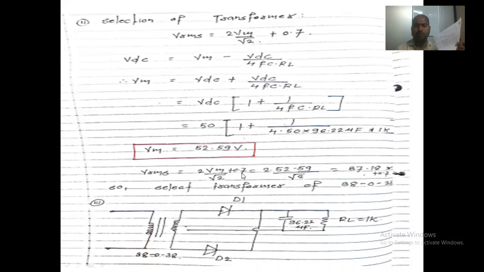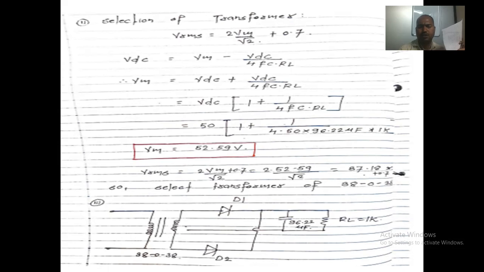74.24. Plus 0.7. 74.94. Okay. You have calculated this divided by root 2? No, no. No, sir. So what you have to do? Twice into Vm is nothing but 105 divided by root 2. That is the first thing. 105 divided by root 2.